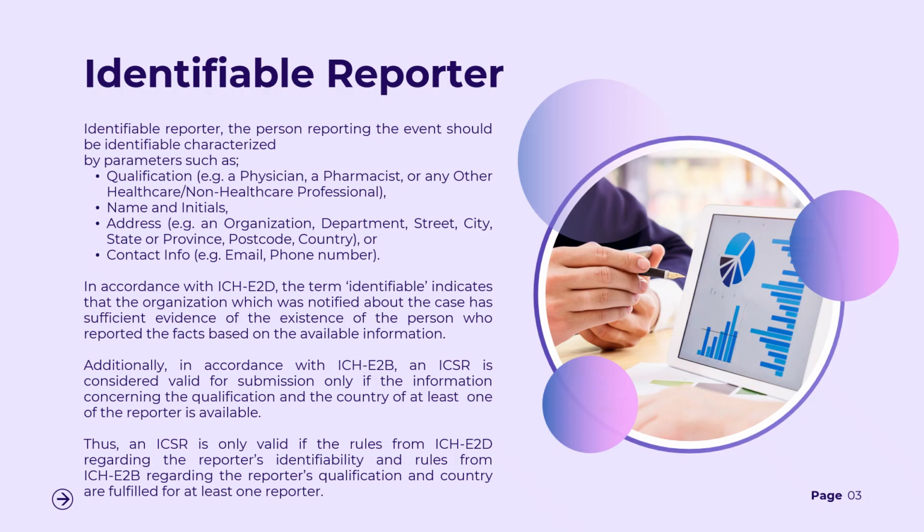But if it is written that Dr. Jane Smith, I'm taking it as an example, who is working as a hospital pharmacist in London, UK, has said that the drug caused dizziness, then in that scenario we can gather more detail, or we can do a follow-up with the person. In that scenario the person becomes identifiable, and that can be considered a complete valid ICSR.